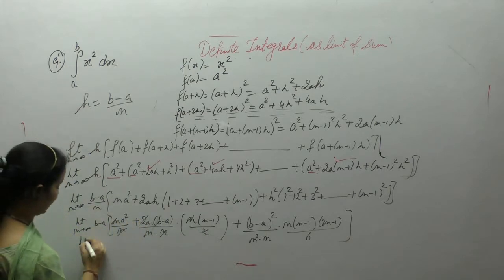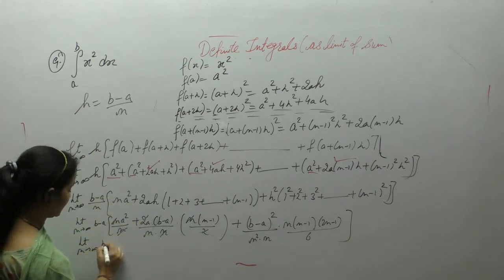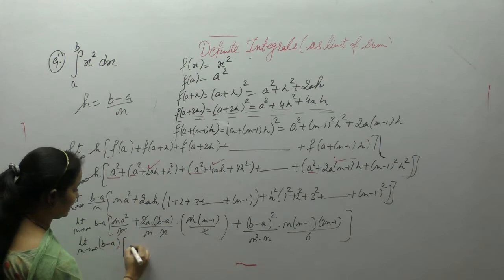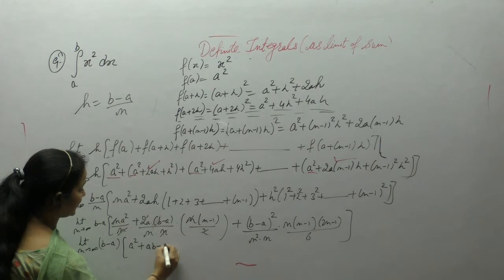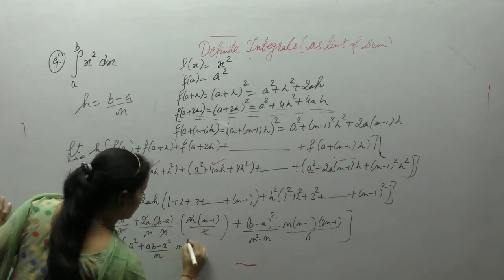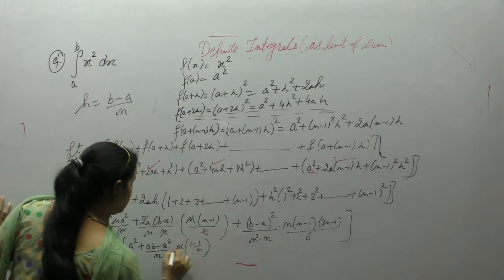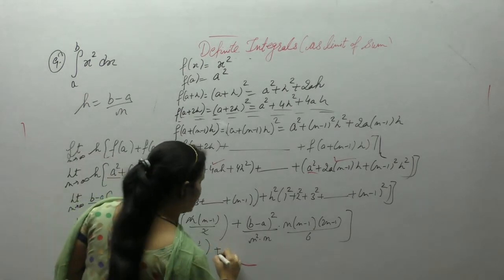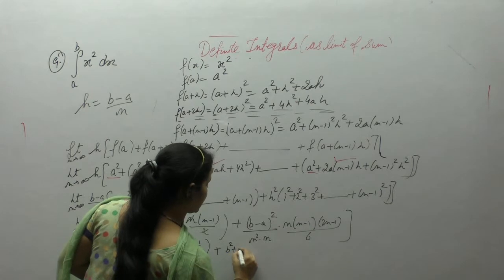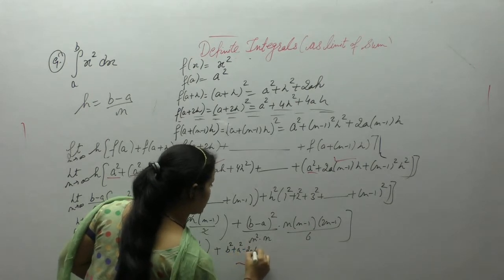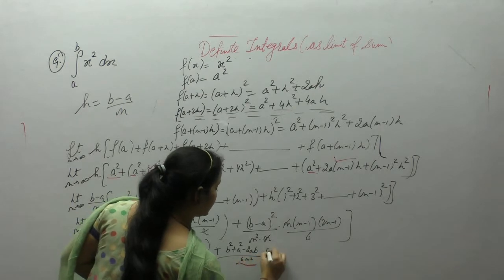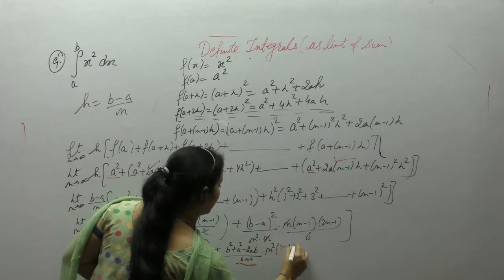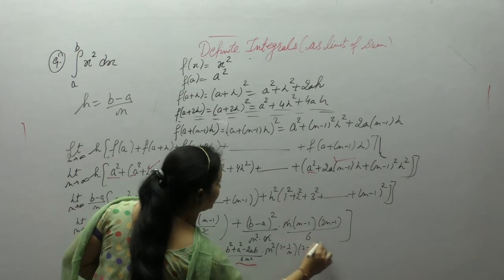Now take n common. Limit n tends to infinity, (b minus a) a square plus a (b minus a) square upon n plus (b minus a) (b square minus 2ab) upon 6n square, (1 minus 1 by n)(2 minus 1 by n).